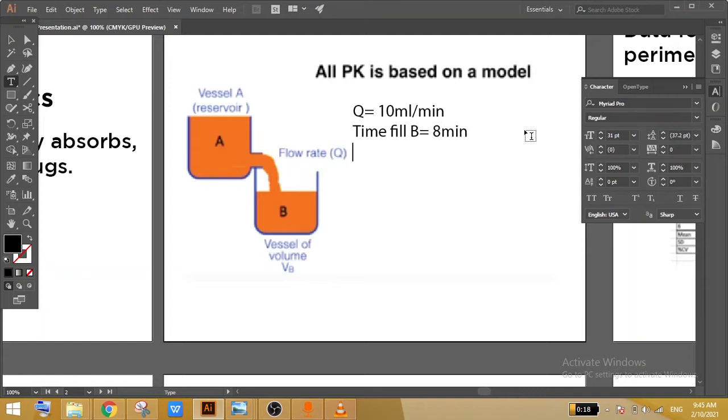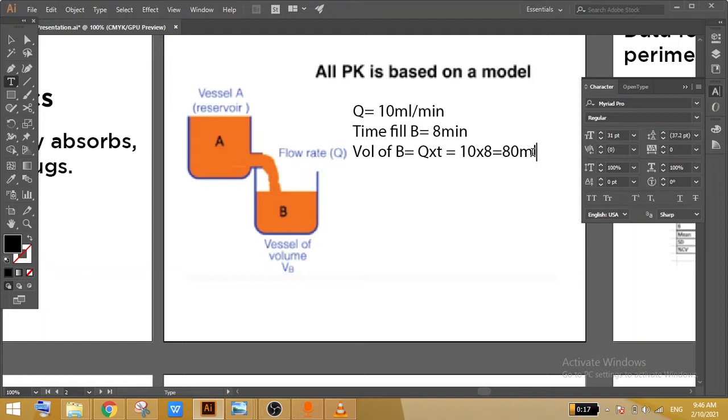From this data we can calculate the volume of vessel B, which will be Q into T. It is going to give us 10 into 8, which will be equal to 80 milliliters. So by incorporating this data into this model, we got to know that the volume of vessel B will be equal to 80 milliliters. This was a really simple kind of model.